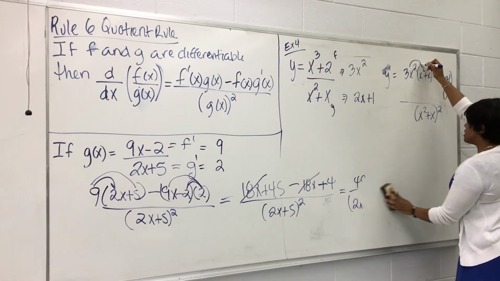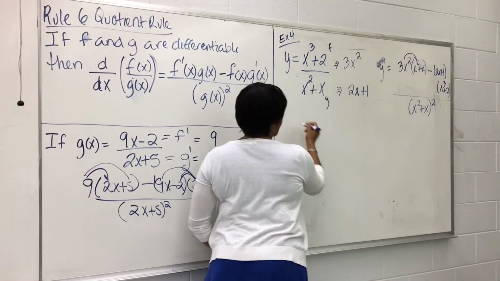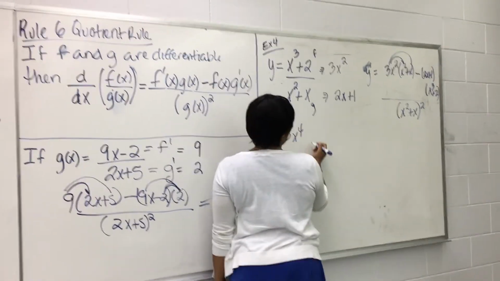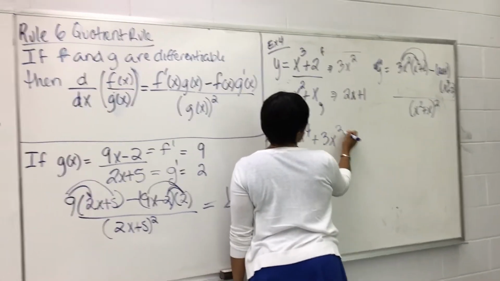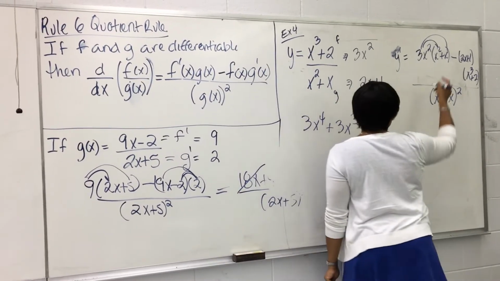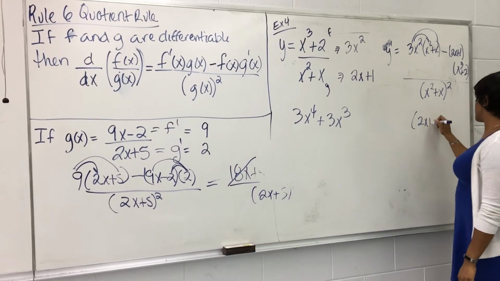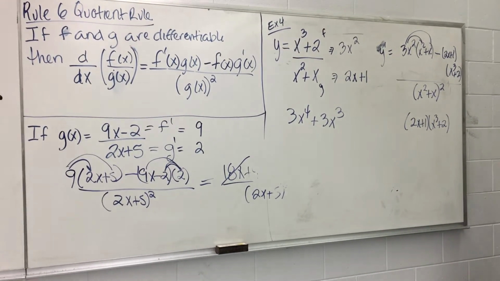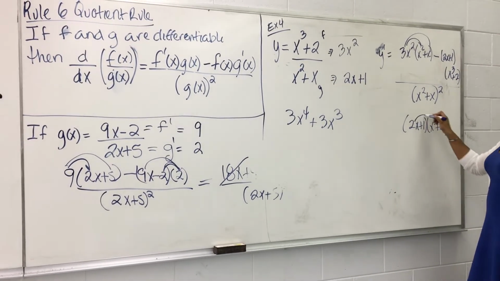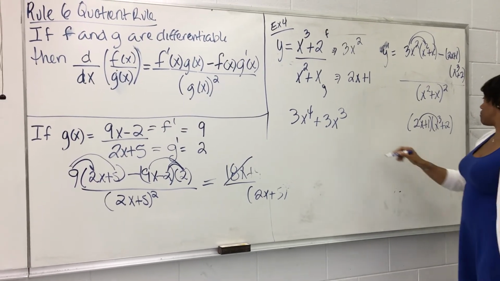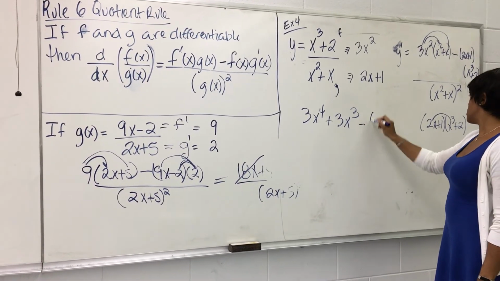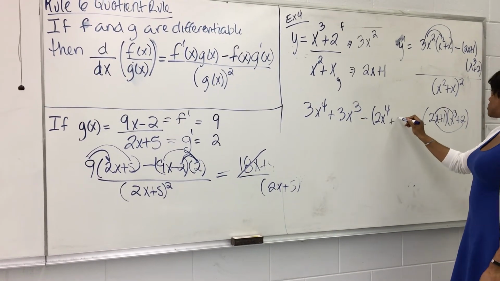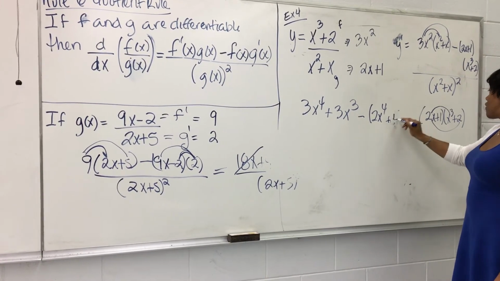So if I distribute this, this will give me 3x to the 4th plus 3x cubed, minus, well, let me work this out down here for you guys. I actually have to FOIL. So 2x times x cubed will give me a plus 2x to the 4th. Then this will give me a plus 4x.